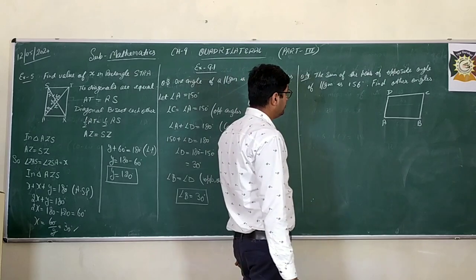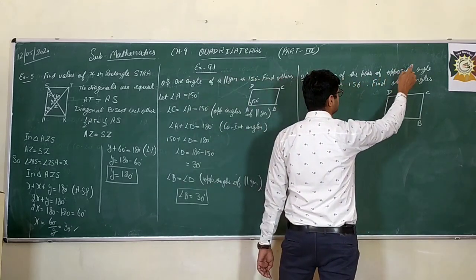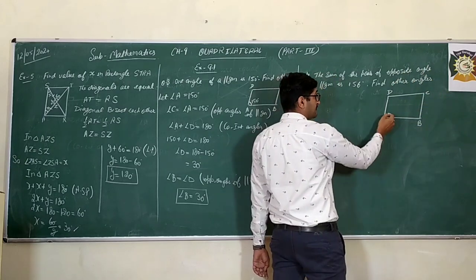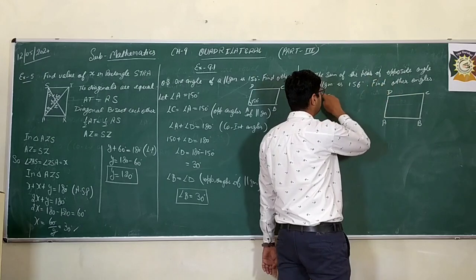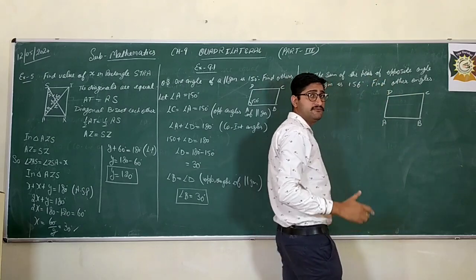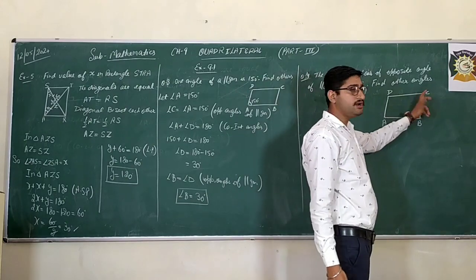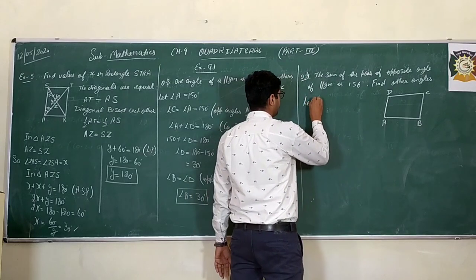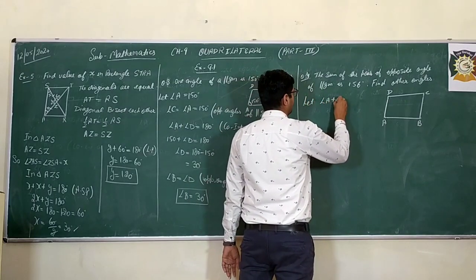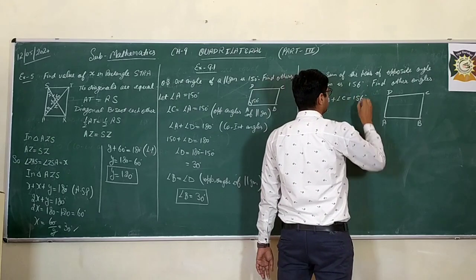Here it's given that the sum of the pair of opposite angles of a parallelogram is 156. You can take any pair. It can be angle A plus angle C or angle B plus angle D. So let angle A plus angle C is equal to 156 degrees.